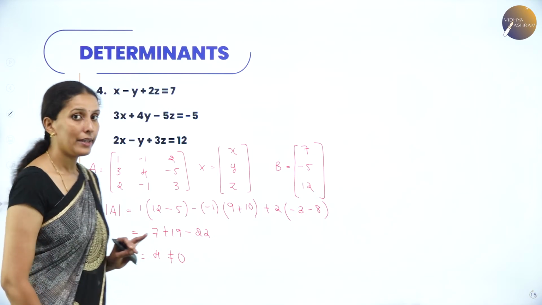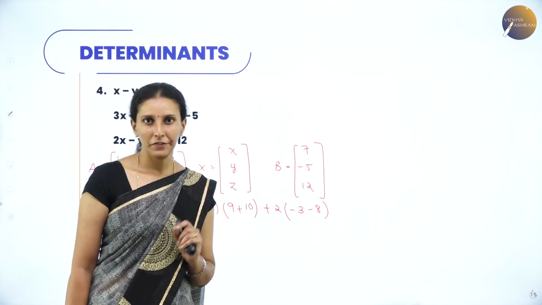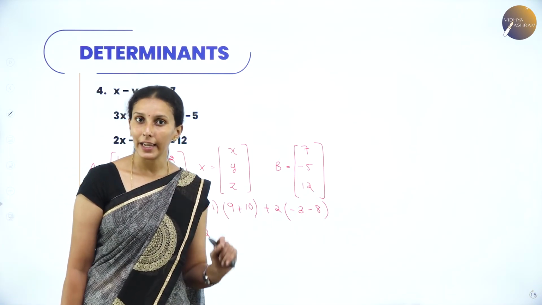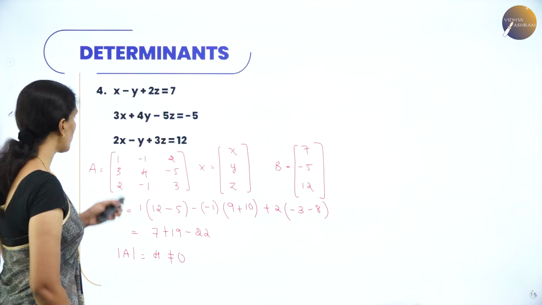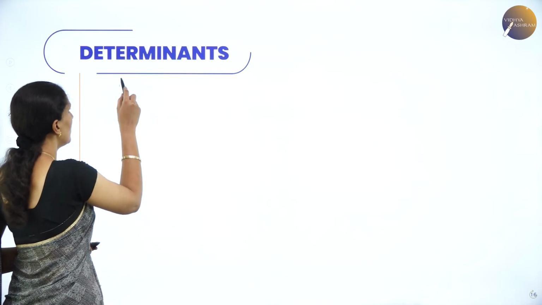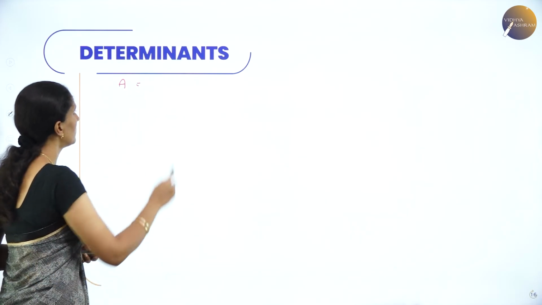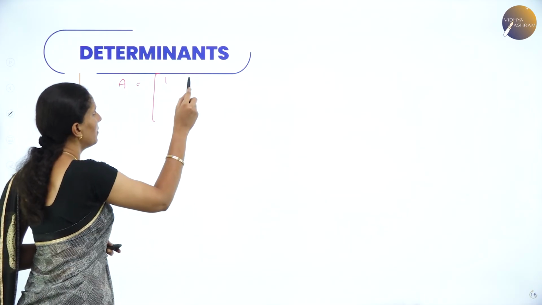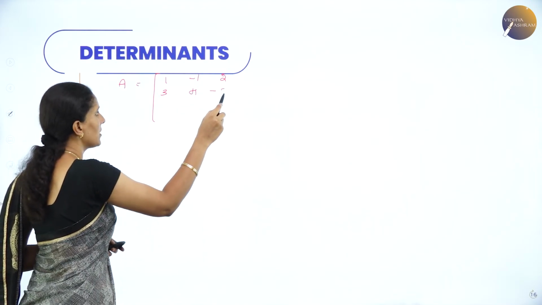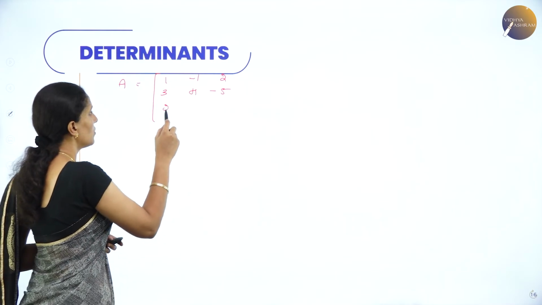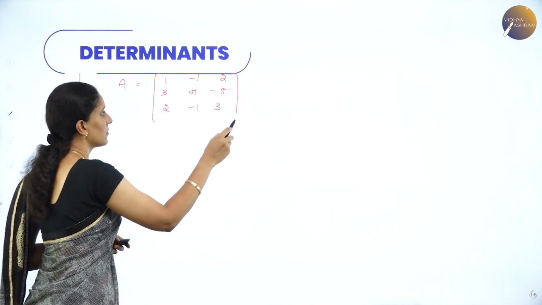Now, determinant A is not equal to 0 means A inverse exists. So, let's find A inverse. To find A inverse, we need adjoint A. So, let's write matrix A once again. Matrix A is equal to 1, minus 1, 2; 3, 4, minus 5; 2, minus 1, 3.